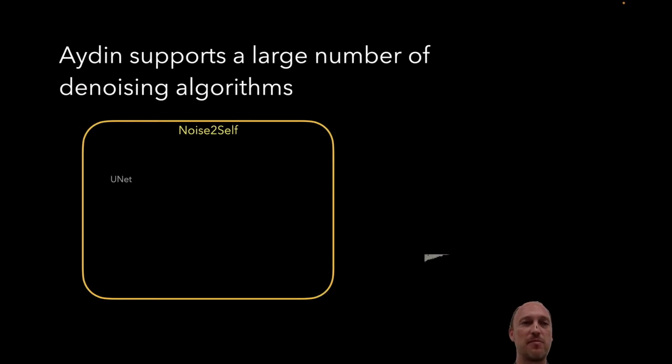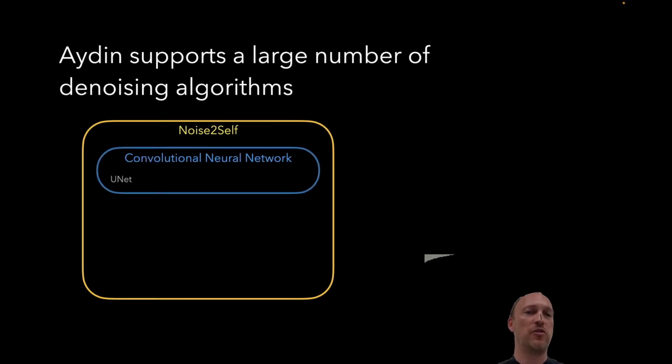And so I said before that Iden supports a large number of denoising algorithms, and the reason is because we really believe that there's not a silver bullet that fits all denoising problems. So we wanted to have lots of ways to denoise images. And so we started, of course, with the noise to self approach, which is basically based on CNNs on the UNet.